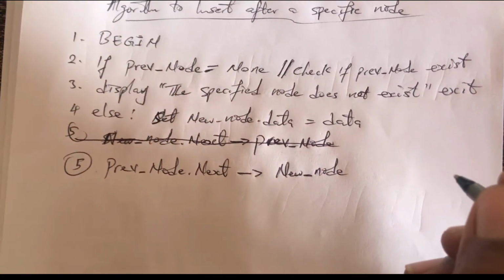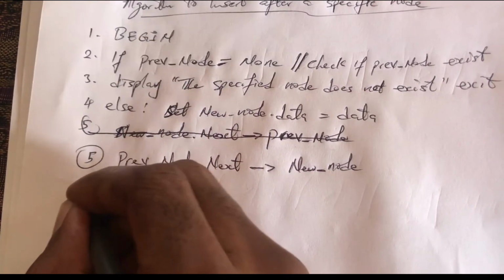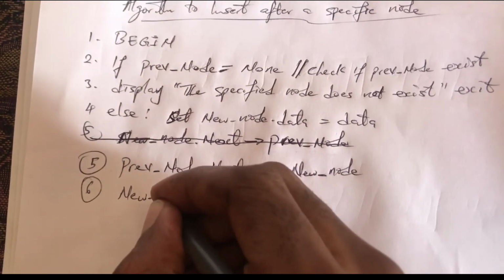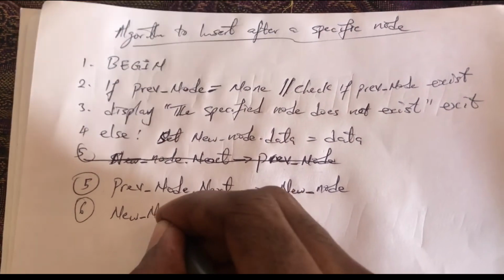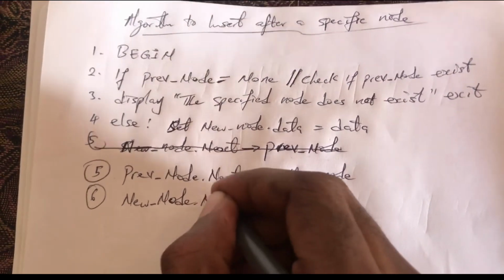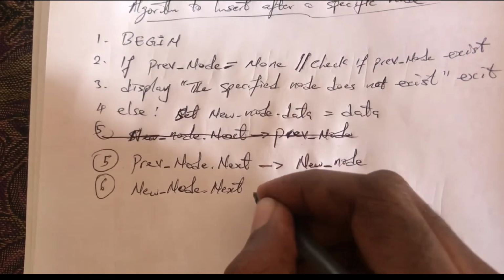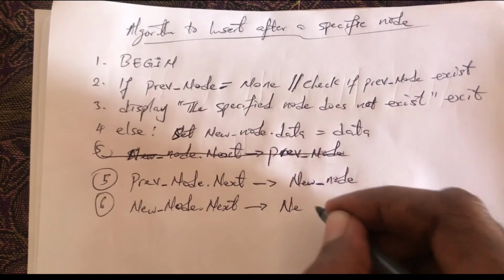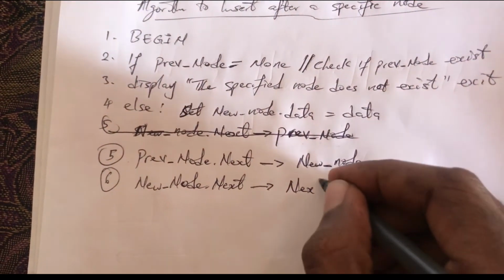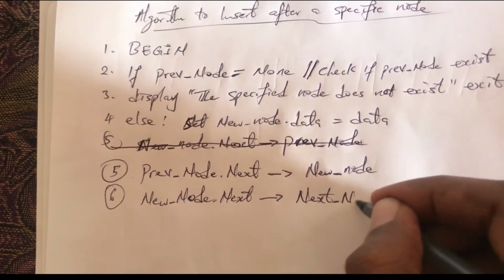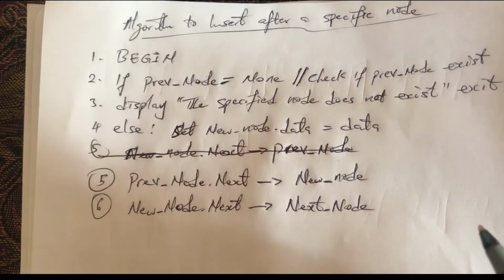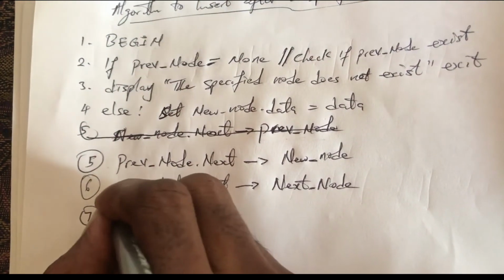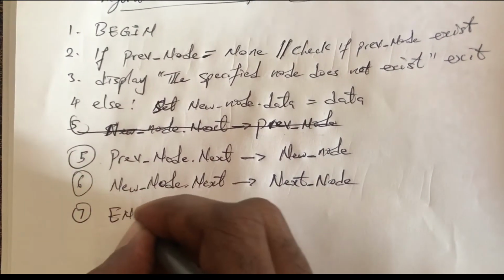Then our new node dot next should be pointing to the next node. All right, and that is the end of the algorithm.